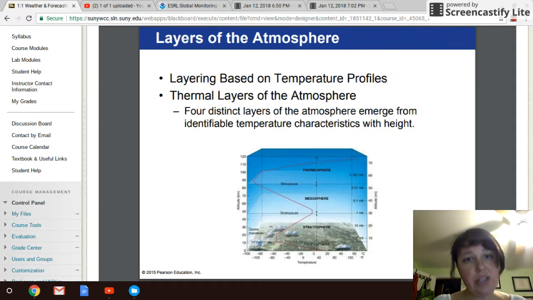which brings us to the other way I can measure my atmosphere, which is through layers of atmosphere based on temperature profiling. So what is it doing as I increase in altitude? If I go up from the surface of the Earth, I'm cooling off in temperature. That first layer that I go up in, where I'm cooling off, is known as the troposphere.